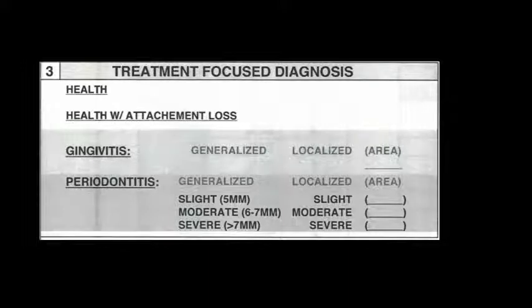One of the things also unique to MUSC is a treatment-focused diagnosis. Certainly we can have health, we can have gingivitis and periodontitis, but what I would like for you to focus on is health with attachment loss. This is a new concept that is not being taught in any other dental school except ours.